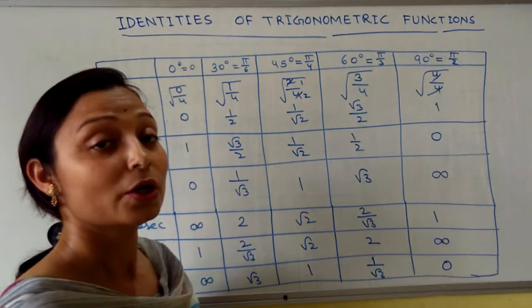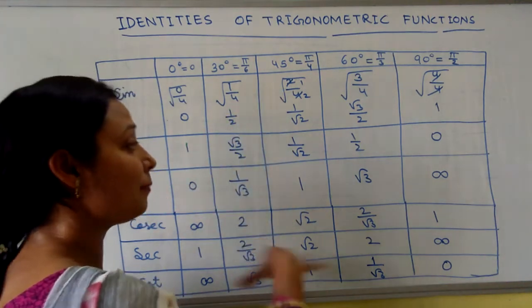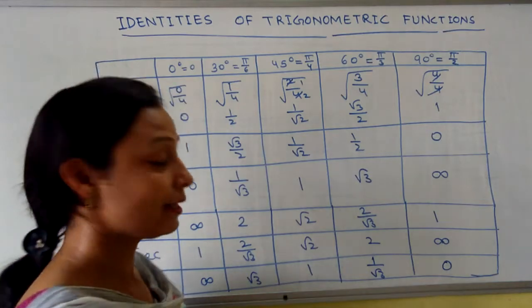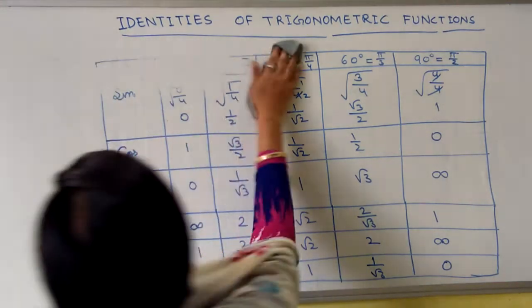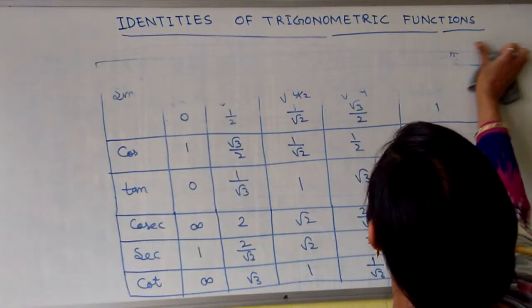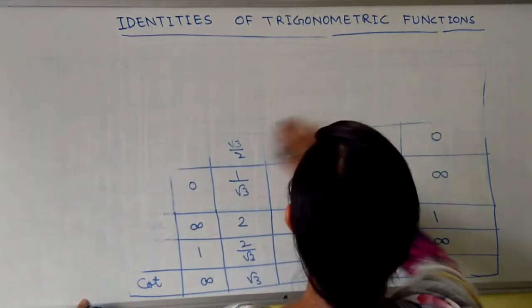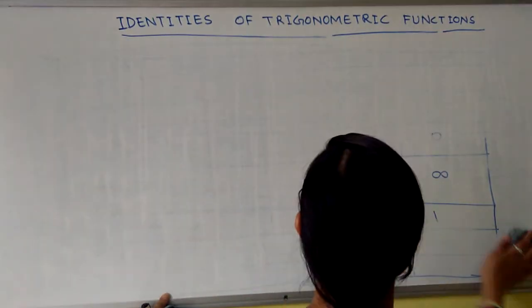So this is the way to find the angles, because I will use this table to solve question number 1 of your NCERT. Okay, come to that question. I will do only the first question of that exercise of your NCERT, and how to solve it.